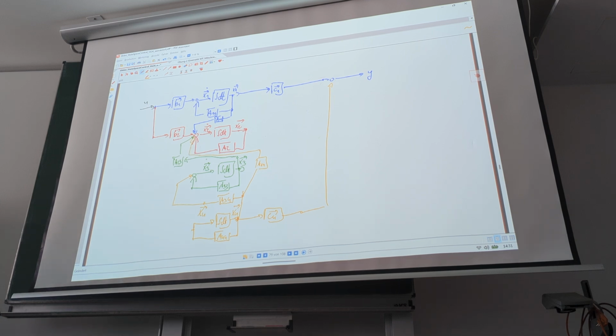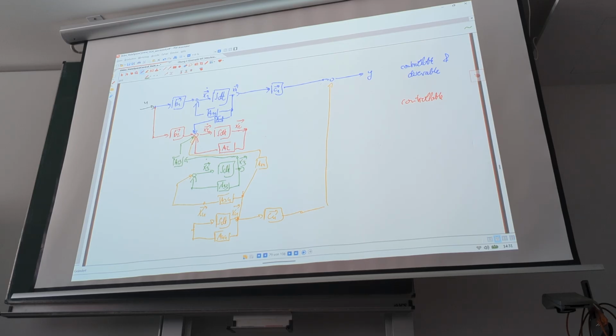Okay? So, in a sense, this part is controllable and observable. The red part is controllable, but not observable.